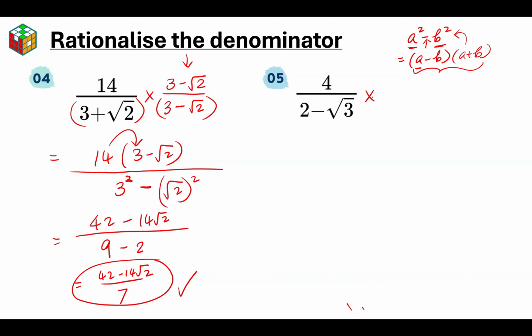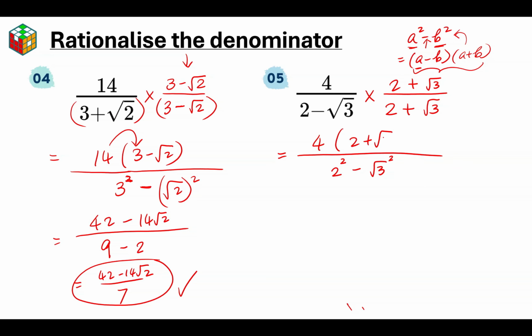I'll do one more when the sign in between is subtract. Because that is subtract, I need the 2 numbers to be the same. However, I need the opposite sign to the take away, so it's going to be a plus on both. And then think about your difference of 2 squares. It will be the square of this and the square of this, and the difference in between. 4 bracket 2 add root 3. 2 squared is 4.